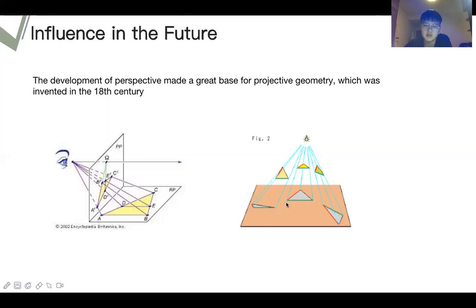Those shadows are the projections of those triangles on the plane. Way clearer, right? Actually, we started contacting projective geometry since we were very young, like in primary school. However, we didn't realize at that time that it was projective geometry at all.